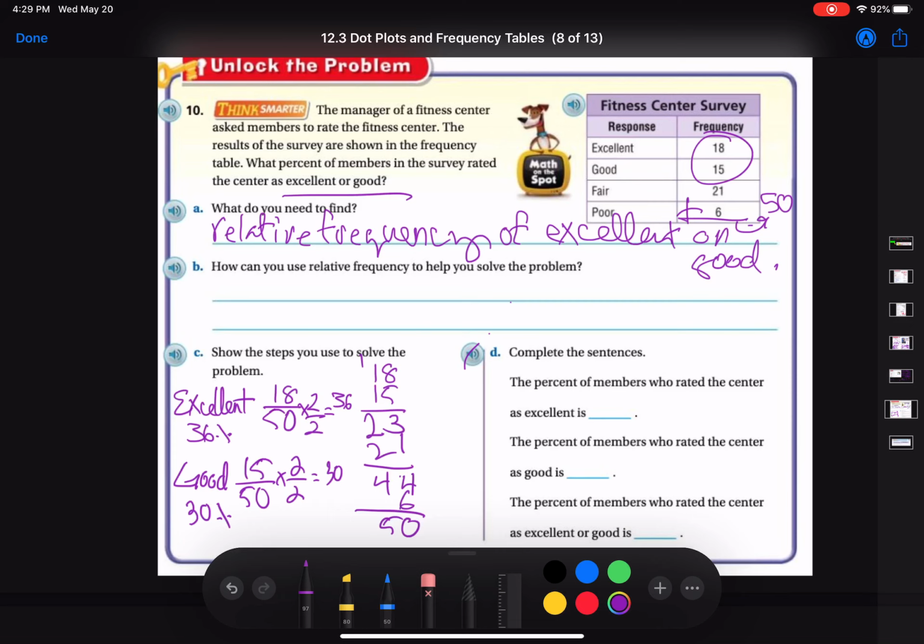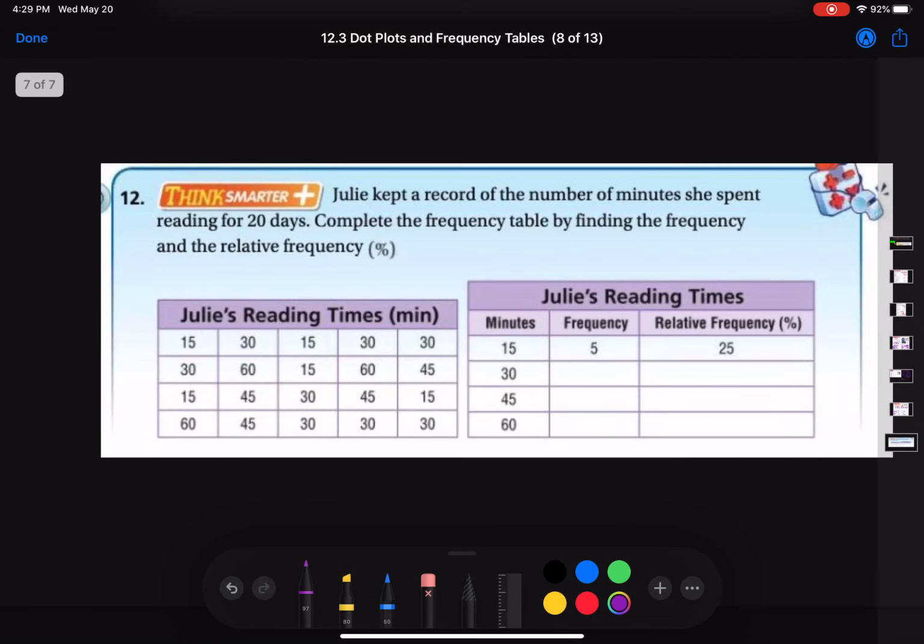So now you can complete the sentences. The percentage of members who rated the center as excellent is 36%. The percentage of members who rated the center as good, 30%. And then you have to add the 2 up as either good or excellent, and that would be 66%.